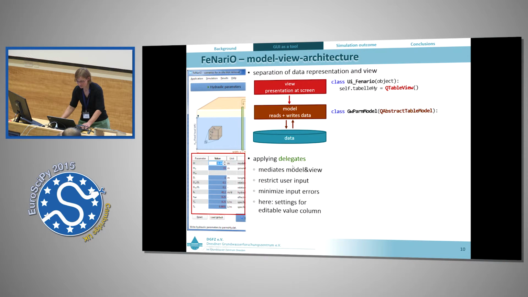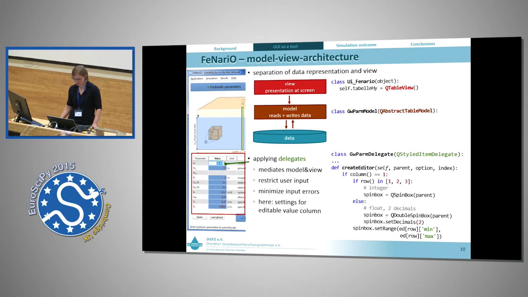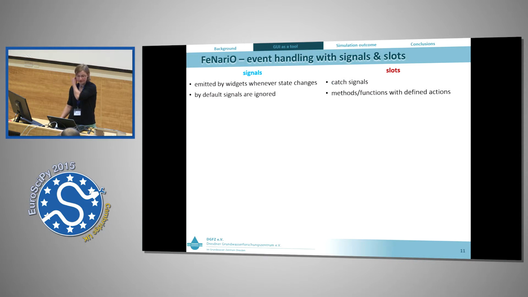And all this behavior you can define in the so-called delegates, which mediate between the model and the view. So you can actually avoid that the user makes a wrong input. So it looks like this. Just skip over this.